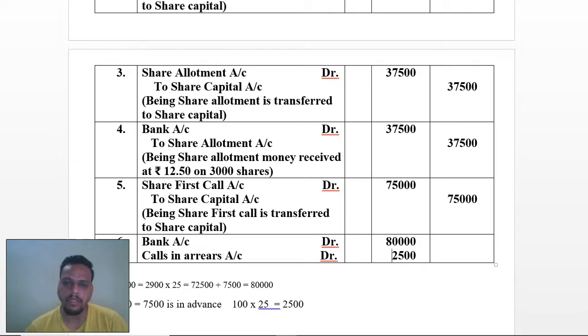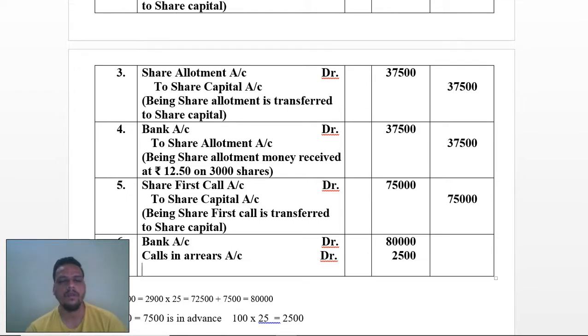Here the amount of 2500 has to be received, but what we are going to carry forward now, we have to write share first call account. What would be the amount over here? The amount will remain as 75,000.